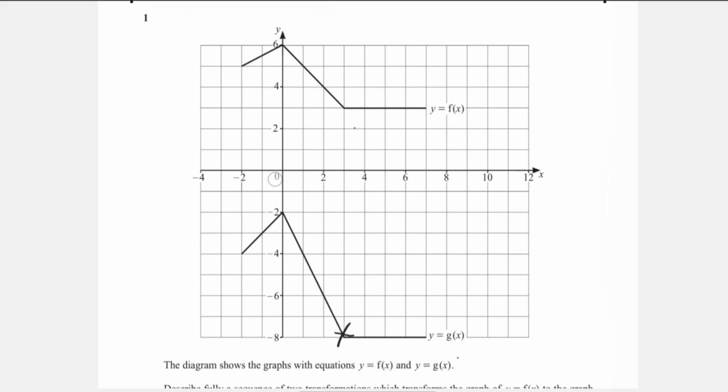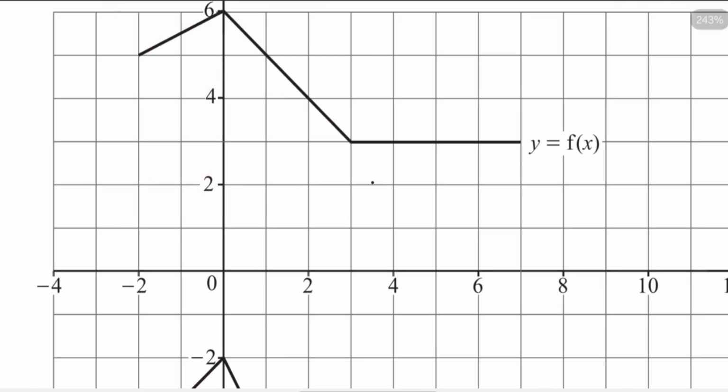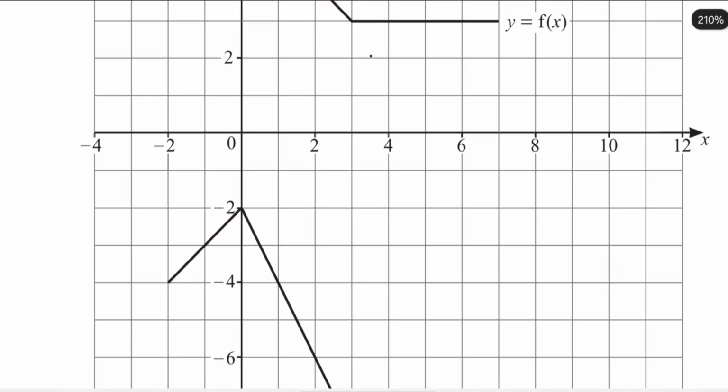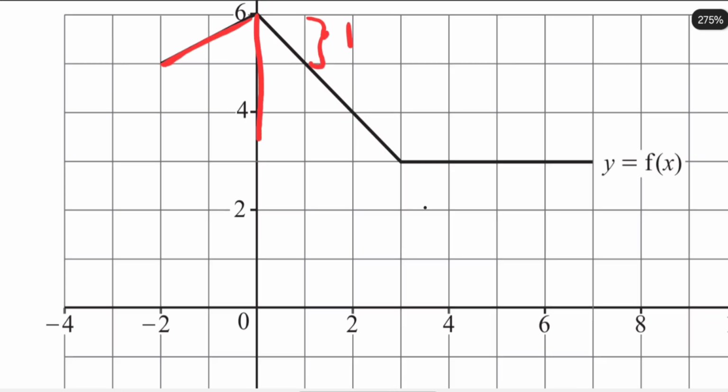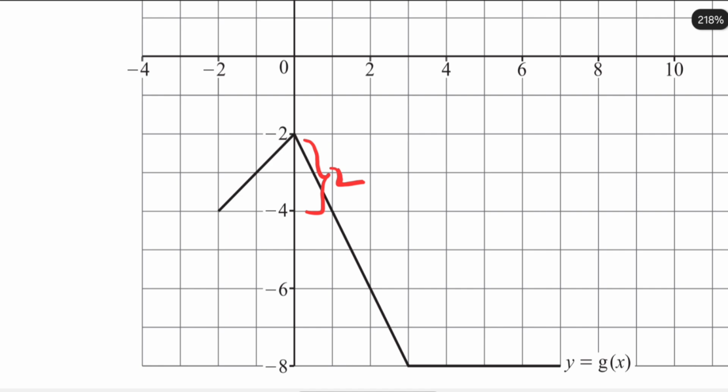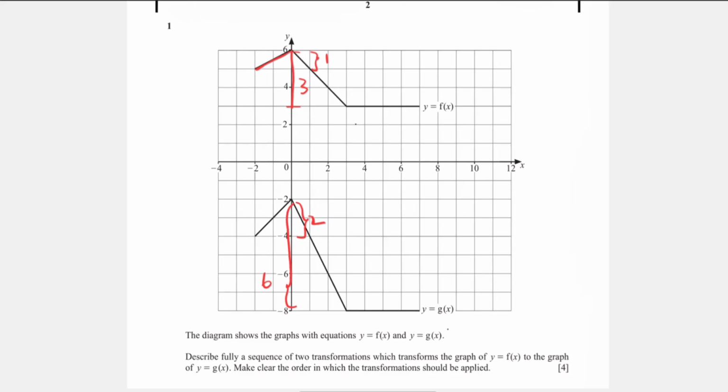And in trying to find that transformation, we saw that this part of f of x covered one y box, but this part on g of x now covered two boxes in the y-axis, and this part as well on f of x covered three boxes, but this one covered 6 boxes, telling us that for sure there was a stretch of factor 2 in the y-axis, right?